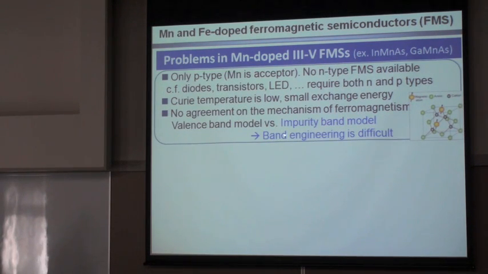We believe that the impurity band is playing a very important role in understanding ferromagnetism and band structure in this kind of material. But if so, band engineering is more difficult because controlling the impurity band is more difficult than controlling the valence band or conduction band.